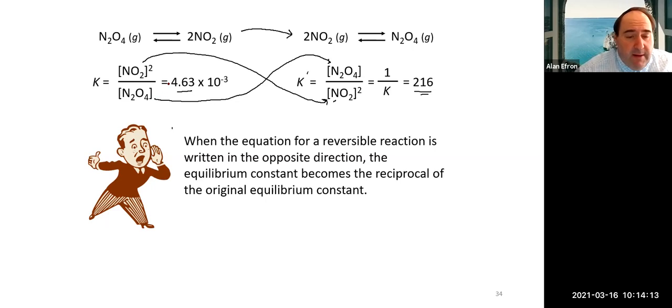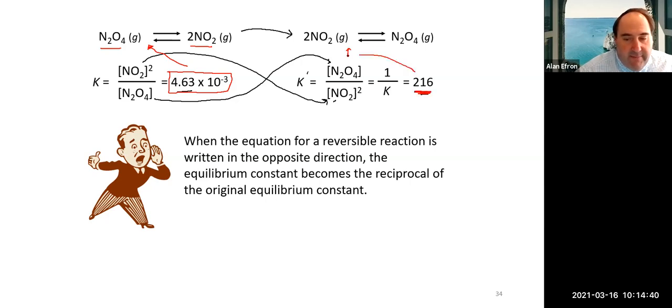It's important to remember that when we talk about K values, for example, if I said this reaction has a K value of 4.63 times 10 to the minus 3, I am specifically referring to this reaction where this is the reactants and this is the products, at a specific temperature. This number would not be the K value for this reaction the way it's written. It would actually be this number here.